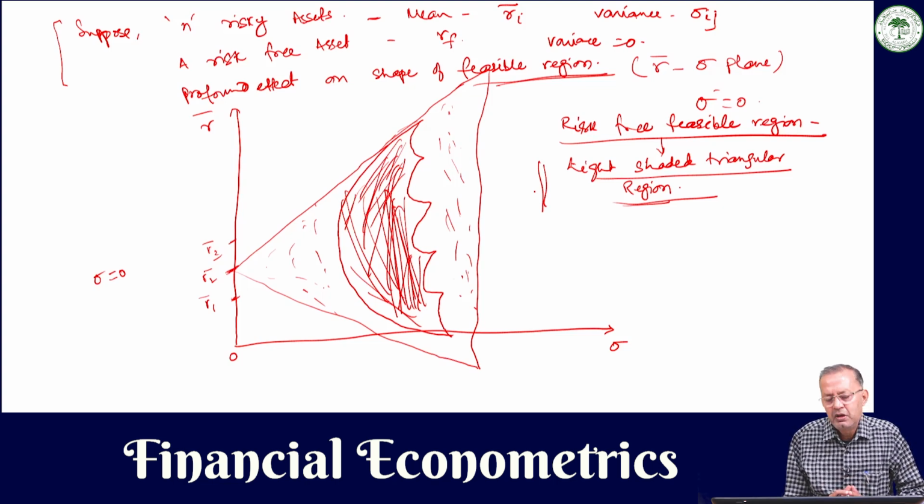That is normally being done by investors to allow borrowing and lending freely, risk free. And what is the basic difference, let me repeat once again, between the risky asset and risk-free asset? For the risk-free asset, your variance or standard deviation is equal to 0. For a risky asset, your standard deviation is positive.